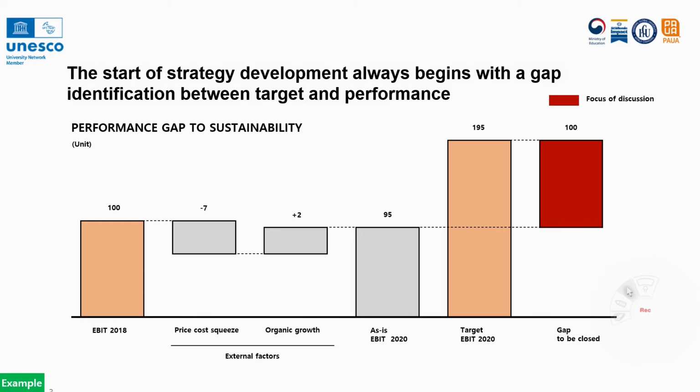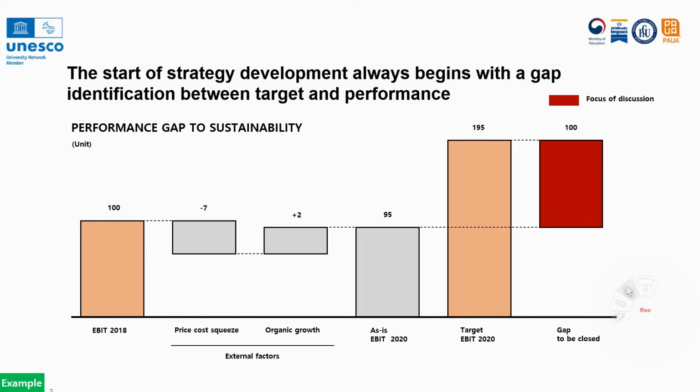So our margin will be shrinking by 7%. So even though we do our best for the organic growth, that will increase only 2% of our earnings. So in total, without any dramatic strategic effort, our EBIT numbers in 2 years are expected to be 95.